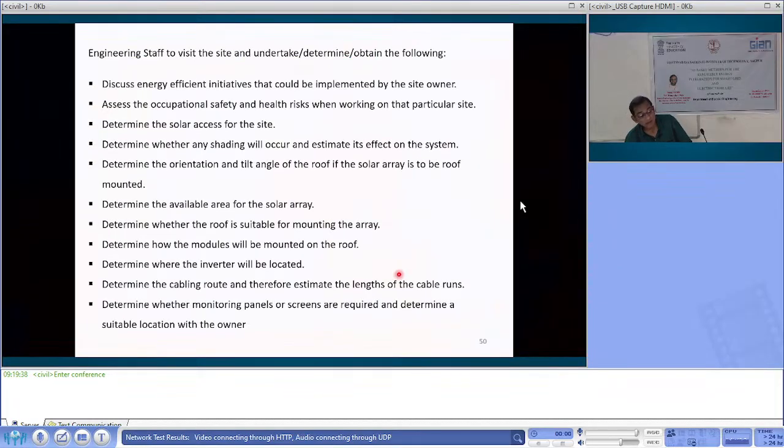Then engineering staff to visit the site, discuss energy efficient initiatives. This is one initiative to reduce the electricity bill, put a rooftop solar. Assess occupational safety is very important. Okay, health risk, because when there is storm, तेज हवा रहती है बरसात में, हम टेरेस पे नहीं रहते हैं. So here in our department, the panel fell from the terrace on the ground floor, during the rainy season when there was storm. So then safety is very important.